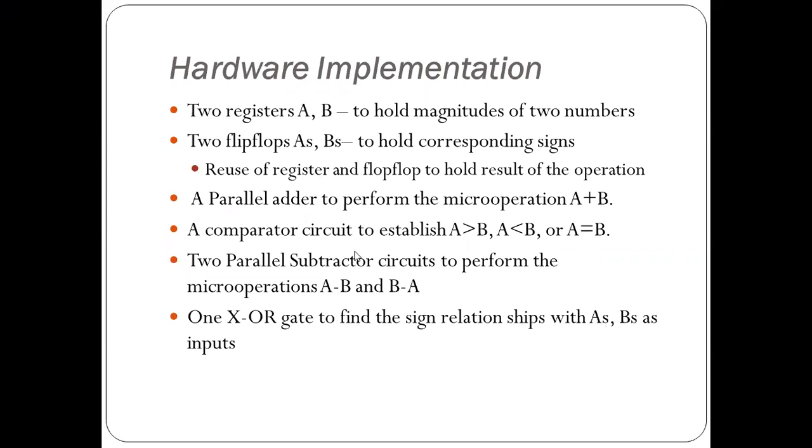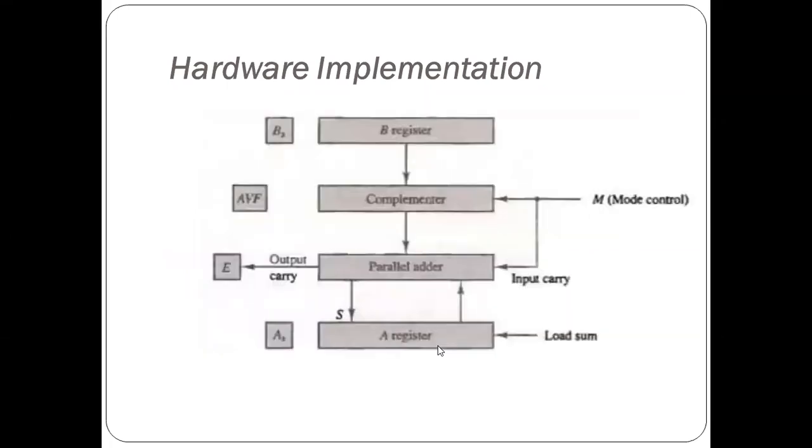So this is the hardware needed by observing the algorithm. But as I mentioned, the compressed hardware requires only one parallel adder. Rather than a subtractor directly, I will use the same parallel adder, but complementing the second input.